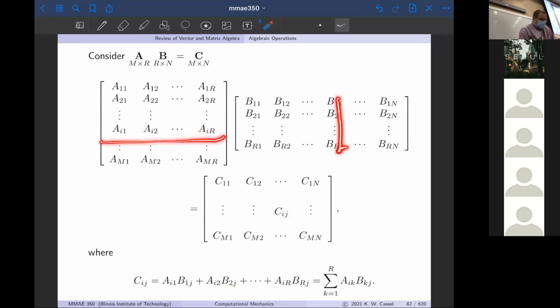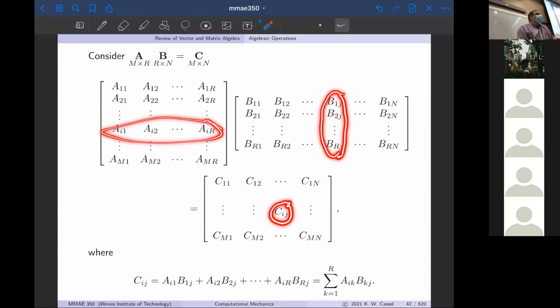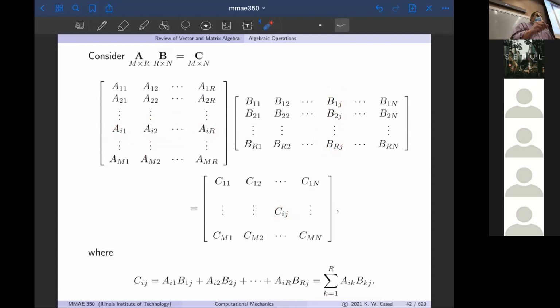So inner product of this vector with this vector, and we get this scalar result. All right, so the dot product is a special case of matrix multiplication, but matrix multiplication involves doing a whole bunch of dot products. You have to do a dot product for every single element in C.